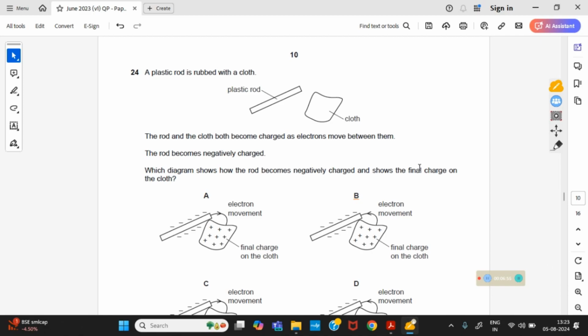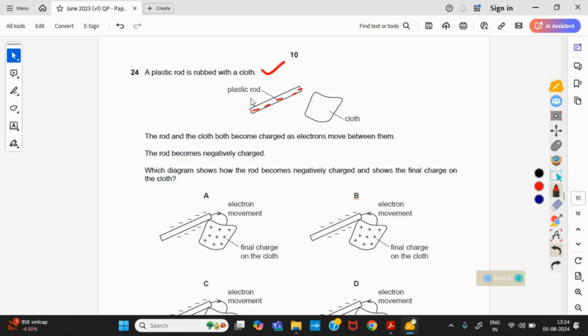Question number 24. A plastic rod is rubbed with the cloth. This is a plastic rod and this is a cloth. The rod and the cloth both become charged as electrons move between them. The rod becomes negatively charged. When we say the rod becomes negatively charged, it means the rod has excess of electrons.